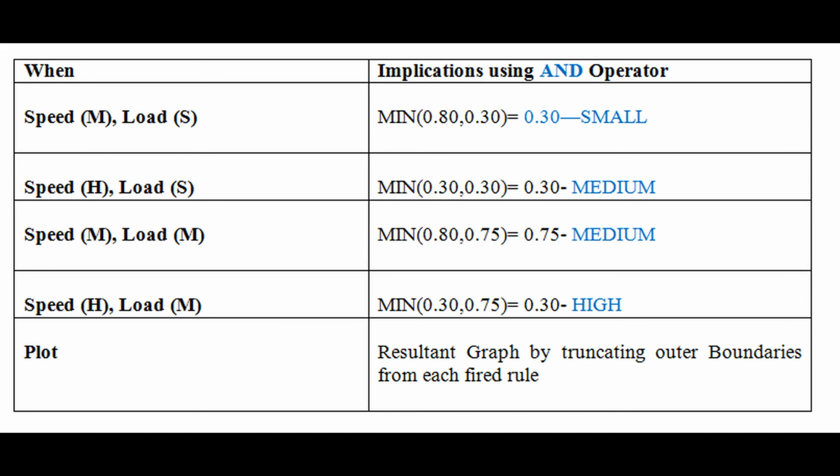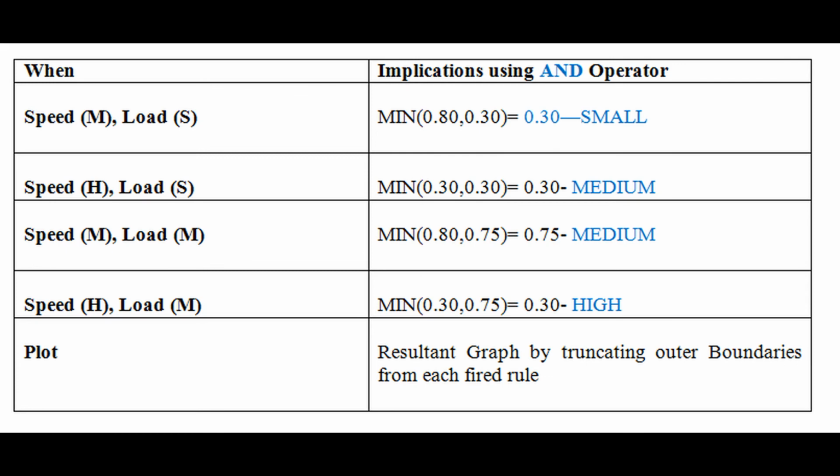So now finally, we are going to combine these outputs into a single emission graph. As discussed before, we are going to take the outer boundaries from each graph. And how are we going to take the outer boundaries? Obviously, with the help of the max operator that we had discussed just before.